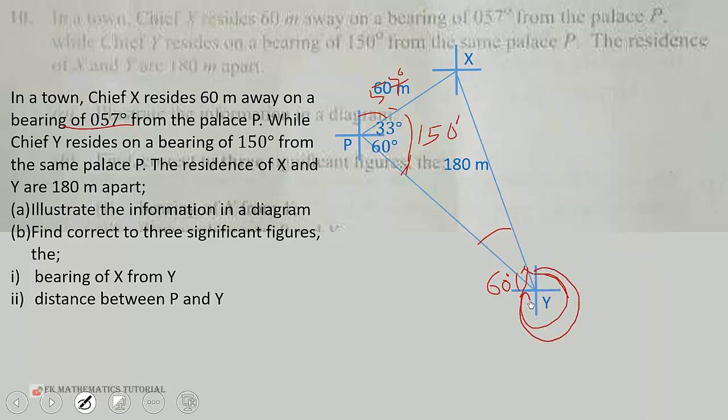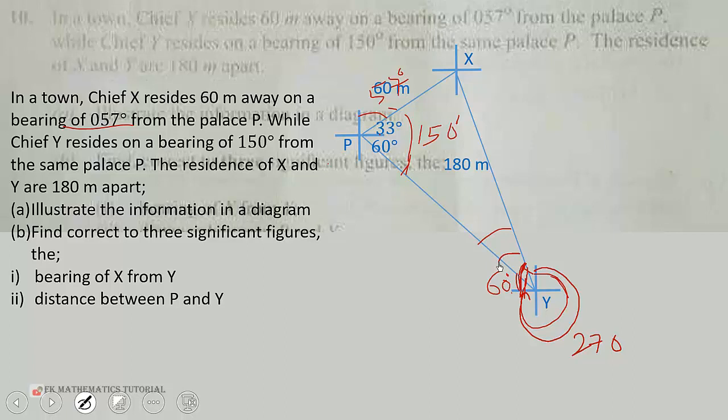So we need to find the angle from here to here and add it. So that is 270, plus 60, plus this small angle here. Let's call that angle Y.